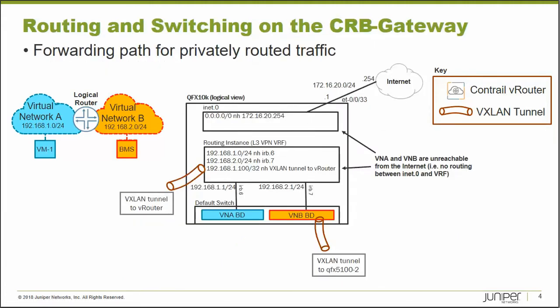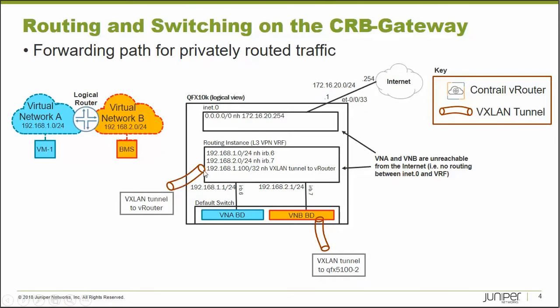So when we go here, here's the logical look of the QFX 10K. Remember, we had a VXLAN tunnel coming in from the QFX 5100. We see it here terminating on the VN B's bridge domain on the default switch of the QFX 10K. That's the main box here. The whole box is a QFX 10K. And then we also had a VXLAN tunnel coming in from the vRouter on the compute node.